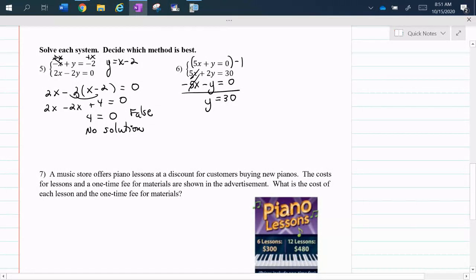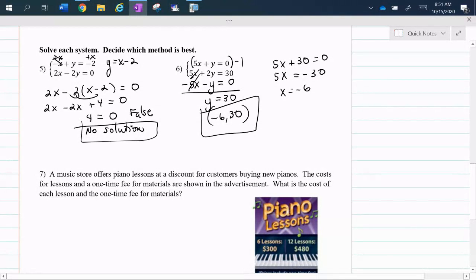So y is equal to 30. And I know that 5x plus 30 is equal to 0. So 5x is equal to negative 30. So we get negative 6. So negative 6 comma 30. So elimination here was definitely the best method. It was definitely quicker in this case.